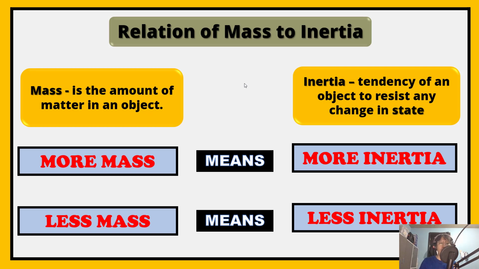Okay, so let us define first what mass is. Mass is the amount of matter in an object, and then inertia is a tendency of an object to resist any change in state. So the relationship is: when a matter has more mass, it means it has more inertia. When a matter has less mass, it means it has less inertia.